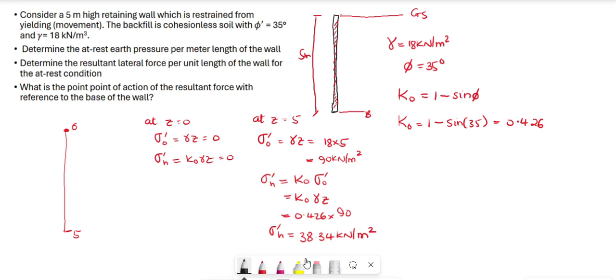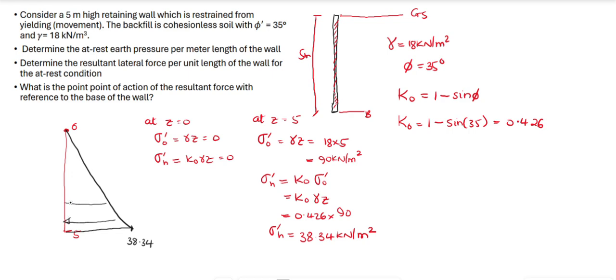So if I'm supposed to plot it here, we are going to have 0 here and here the 38.34, and I just join it with a straight line. So this is the variation of the forces, from 0 to the base. Now, the next thing that we're supposed to do is to determine the resultant.